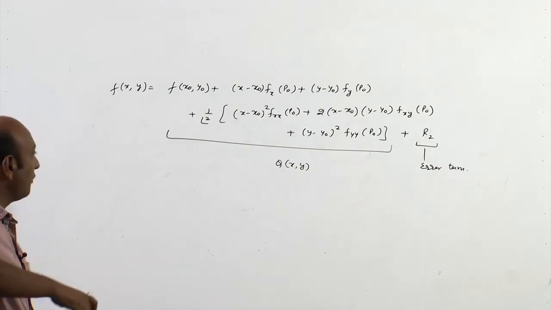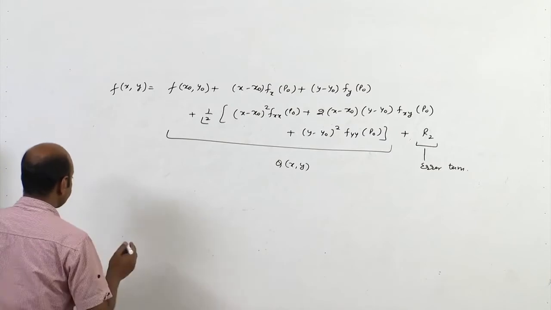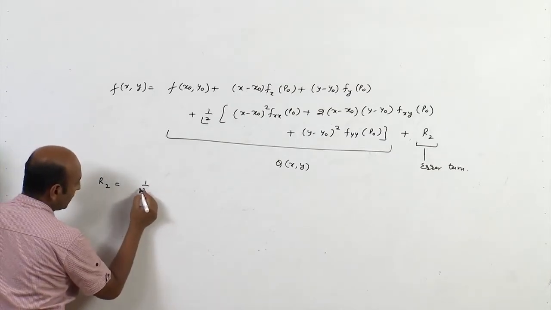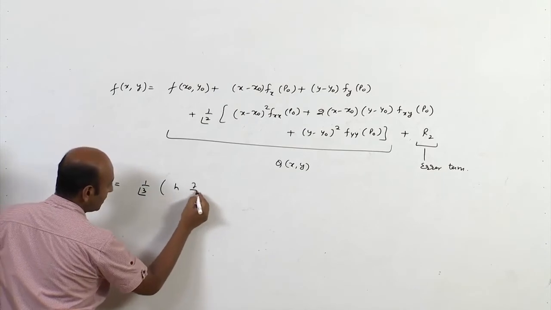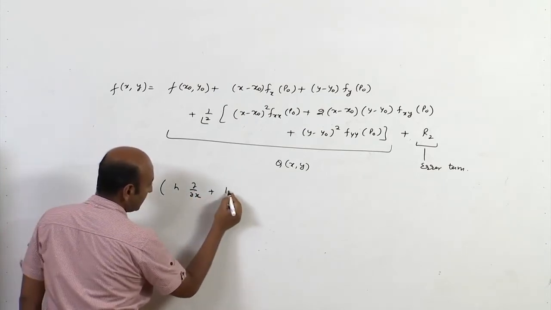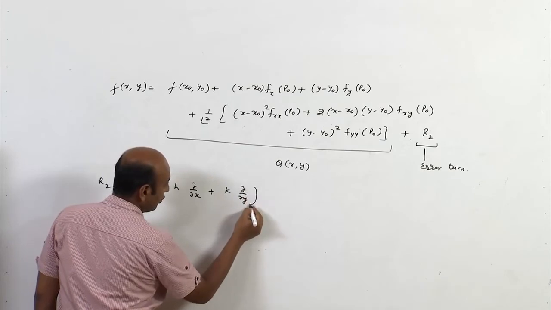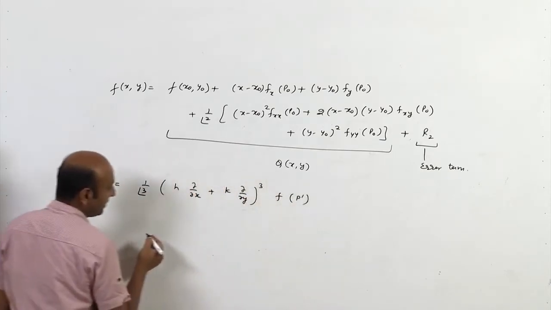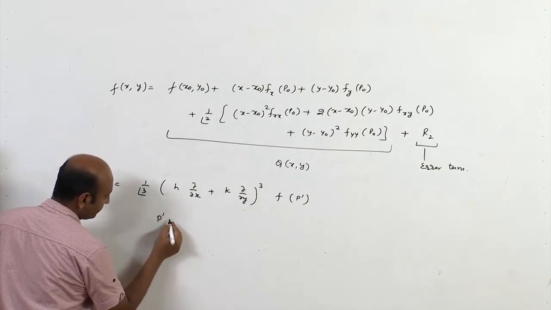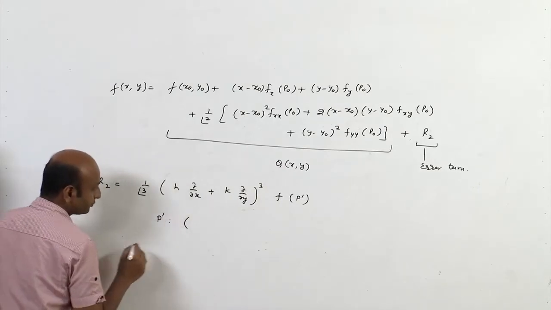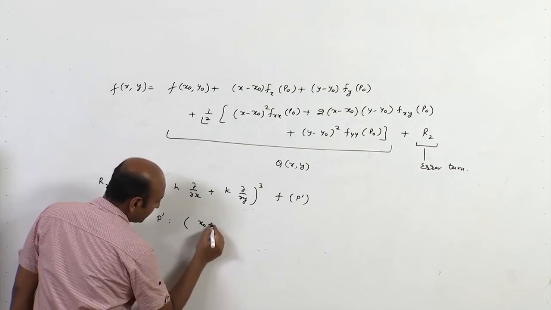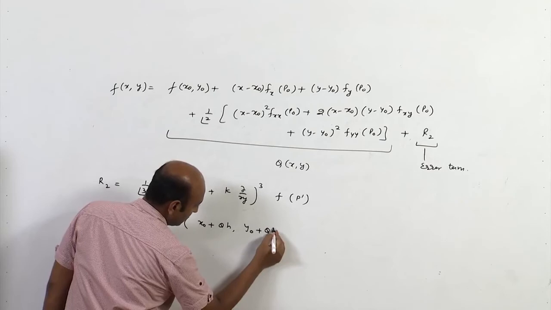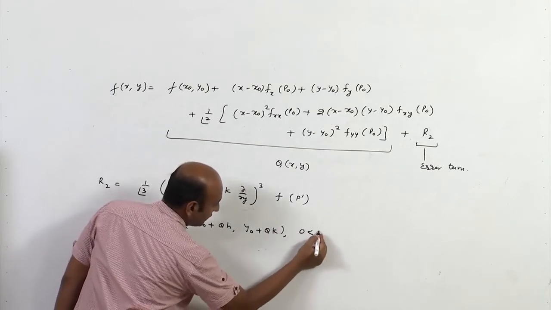Okay. Now, for the bound of the error, R2 will be given by 1 by factorial 3 (h del by del x plus k del by del y) whole cube f at p dash, where p dash is simply x naught plus theta h and y naught plus theta k, where theta is between 0 and 1.